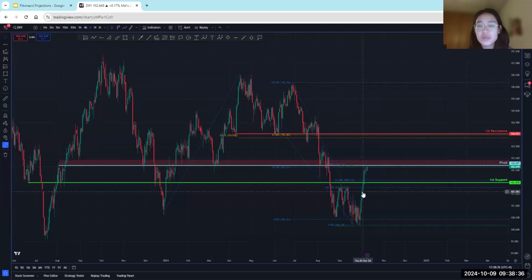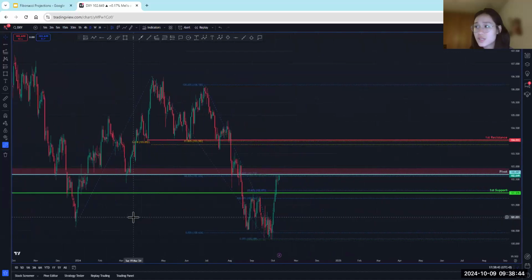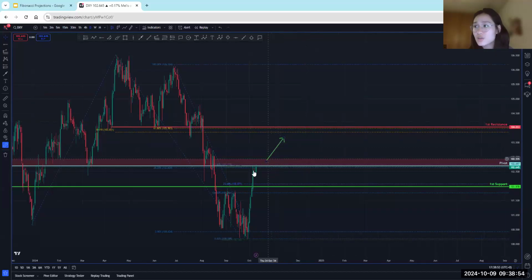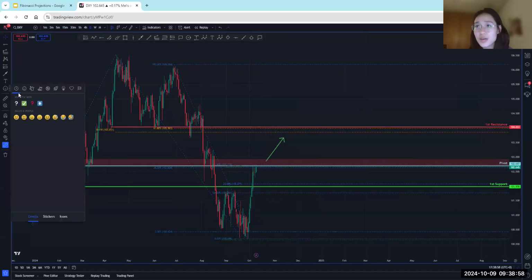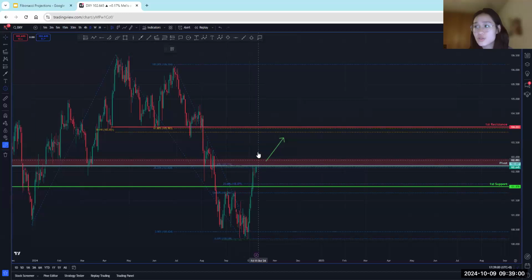So this is what I mean by we normally follow the general trend unless you have quite obvious reasons to expect a reversal. We are still expecting prices to move upwards. Again, this depends on other fundamental factors as well. Prices we're expecting to continue moving upwards, but we have to be careful because of this confluence area here.